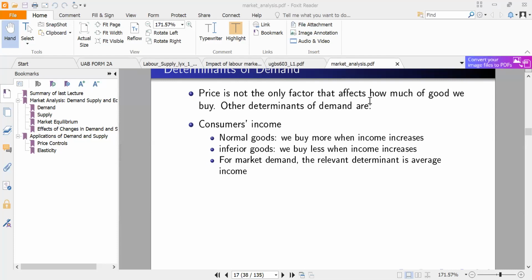An inferior good. Anybody? Randy Opariado, do you have an idea? Yes, sir. Gari. Yes, I mentioned it to somebody, it nearly lynched me. Somebody said, no, Gari is not inferior.